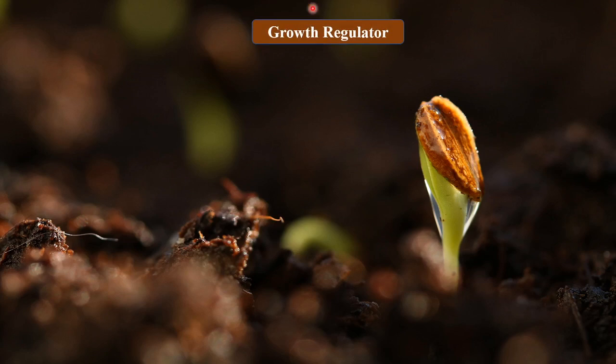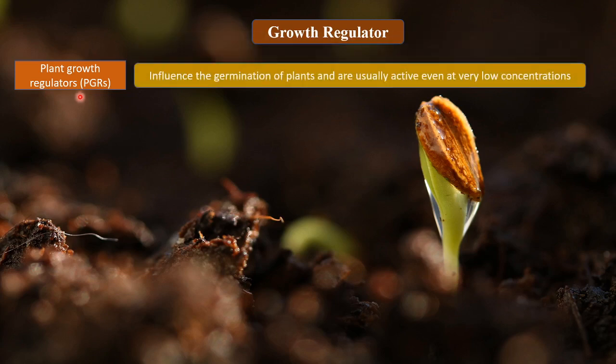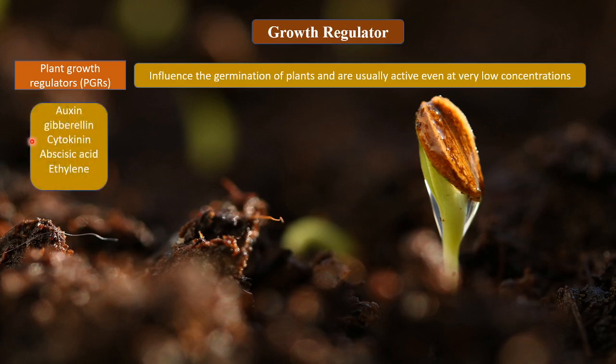Now we understand the last method, which is growth regulator, right? Growth regulators, also known as plant growth regulators, PGRs, we all know that there are some 4 to 5 PGRs. These are auxin, gibberellin, cytokinin, abscisic acid, and ethylene. So these three, auxin, gibberellin, cytokinin, are known as germination stimulators, growth stimulators, and these two are known as growth inhibitors, right?